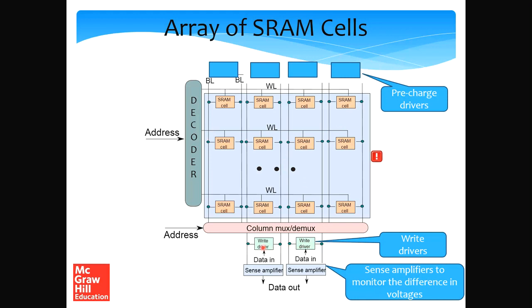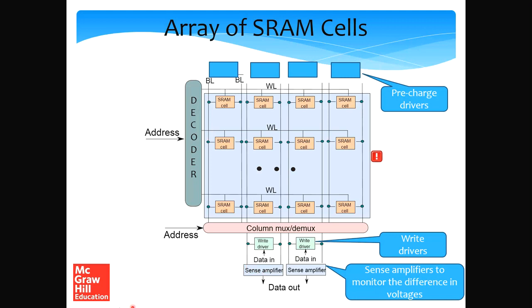And this is connected, so the pair of bit lines comes out. For the case of a write, we can use these write drivers, which are very powerful circuits, to set the values of the bit lines to 0 or 1. For the case of a read, we have this simple circuit called a sense amplifier.